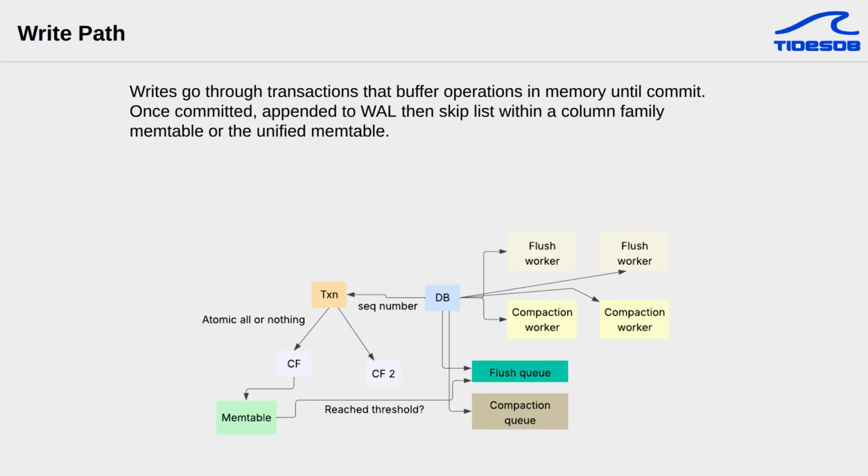So the write path in TidesDB, let's say you want to begin a transaction. You begin a transaction through the database. You'll get a sequence number, and a transaction can run through multiple column families.